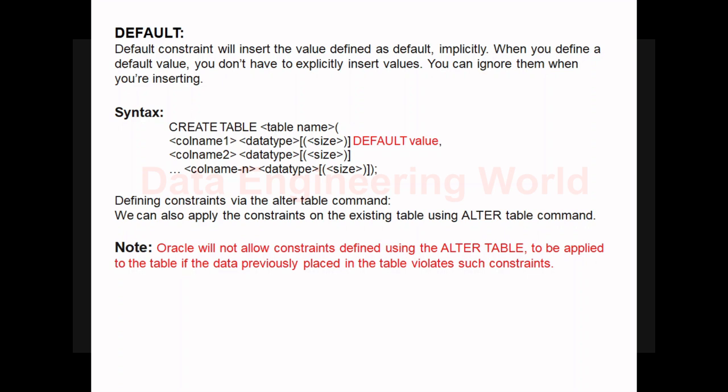Simply create your table with all the required columns, and whichever column you want to keep with a default value, you just have to use the keyword default along with the value you want. Now let's move on to SQL Developer and try to implement this default constraint.